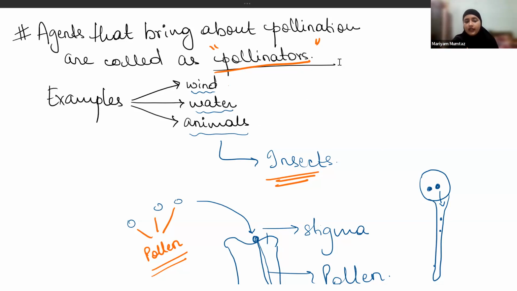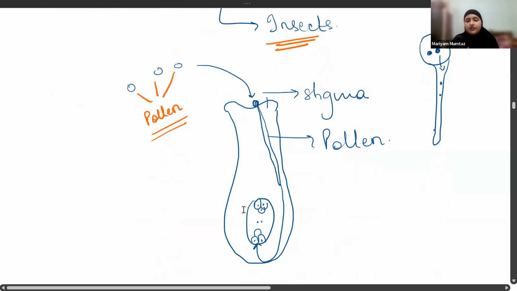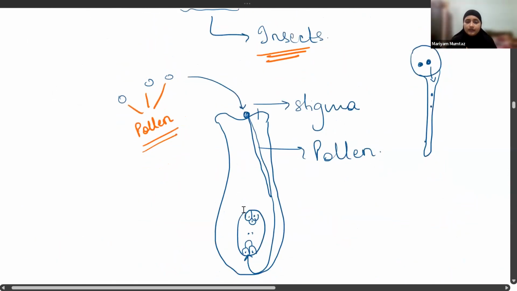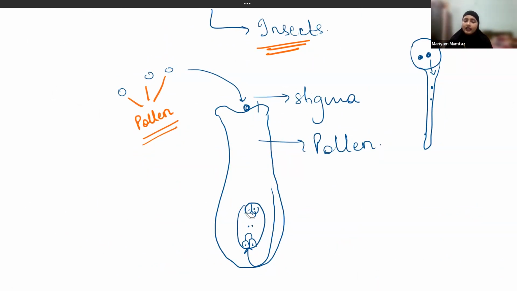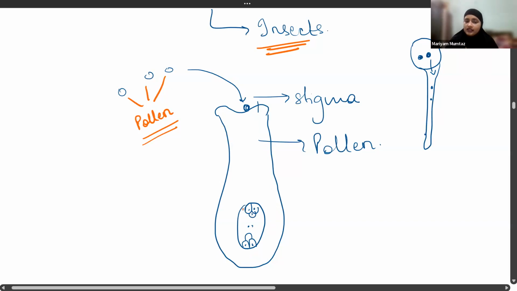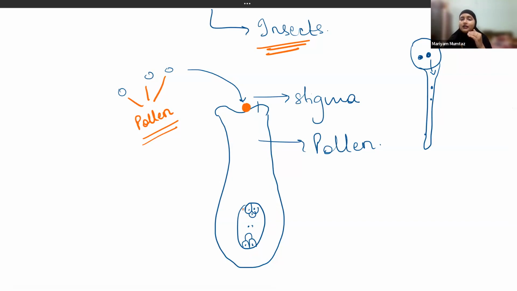Very good. Now, let us talk about what happens after the process of pollination. Pollination has been done and pollen grains have landed on the stigma. Now, see, this stigma has to be a receptive stigma. Receptive meaning the stigma is ready for the pollen to come. Meaning it has to be ready to participate in the process of reproduction.